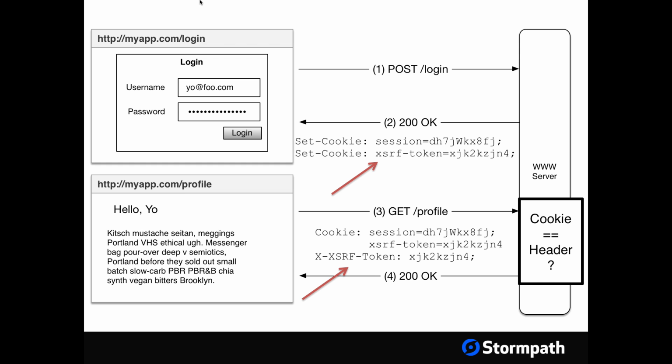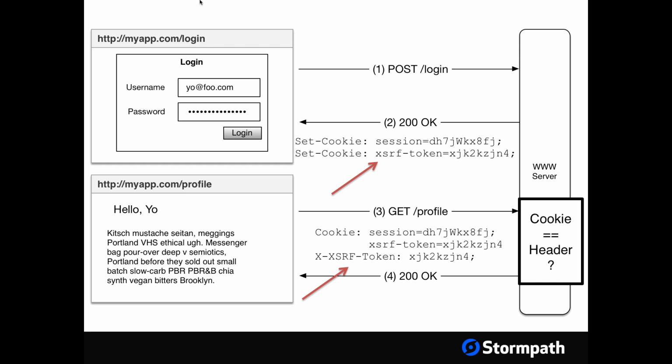If you want to combat CSRF, when you're setting a session cookie on the way down, or access tokens, refresh tokens, whatever, if you're using cookies to store authentication information, you need to do this: you set another cookie with some random value in it. Then your client, in this case JavaScript, needs to do the annoying thing of creating a custom header when it makes requests to your server, sending that same token in the request.